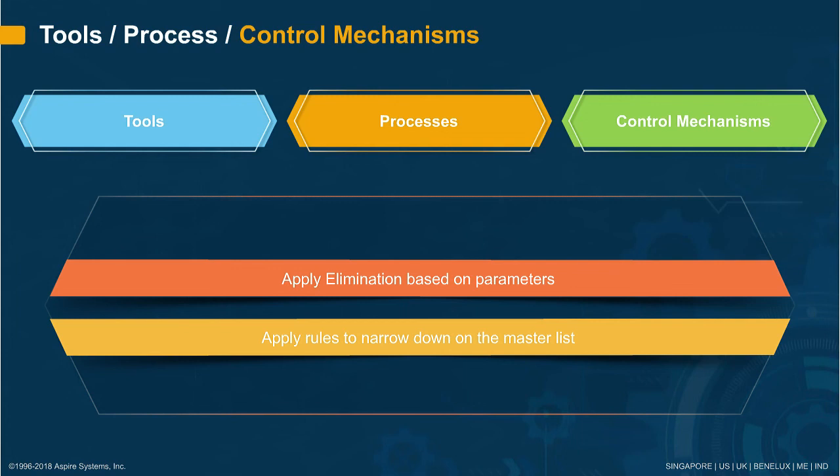And then we narrow down on the master list with certain conditions, very specific ones, maybe because of technology stack limitations or cost limitations. So elimination at the easiest level is done first, and then we apply a narrowing down policy, applying certain rules to eliminate even more rules, processes, and control mechanisms, and eventually come up with a finite list of things.